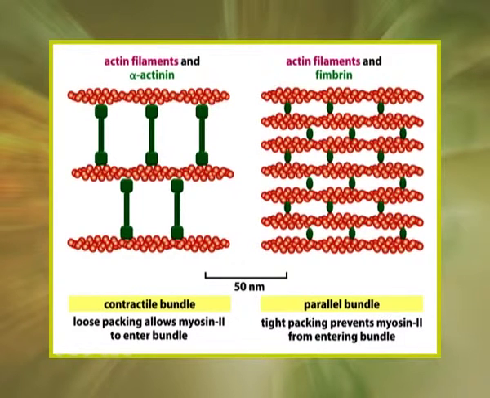The assembly and disassembly of actin filaments, their cross-linking into bundles and networks, and their association with other cell structures such as the plasma membrane are regulated by a variety of actin binding proteins which are critical components of the actin cytoskeleton.